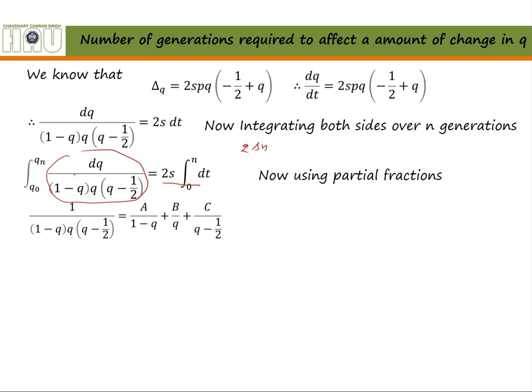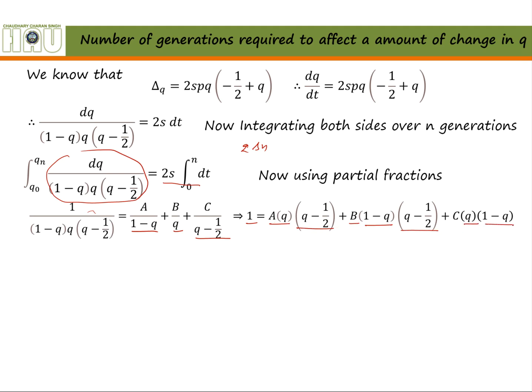So I will take this thing as, say, A by (1 minus q) plus B by q plus C by (q minus half). This can be written like that. If I take the LCM and multiply, I will get 1 is equal to Aq(q minus half) plus B(1 minus q)(q minus half) plus Cq(1 minus q).